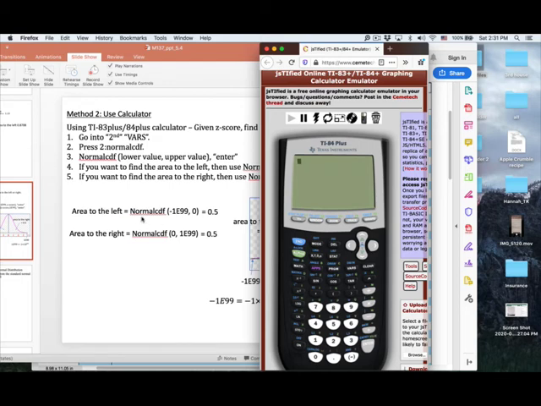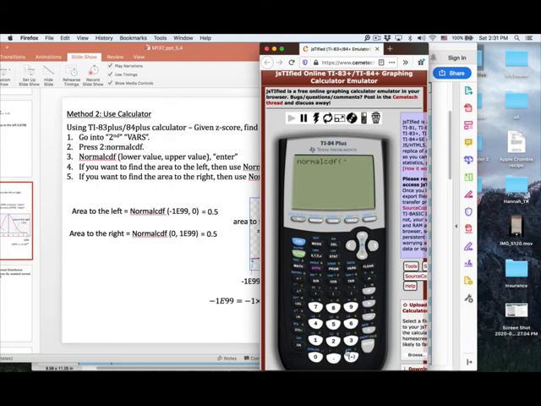Now, we want to do normal CDF. So first, go to the second, this is a second VARS. You're going to see the VARS here next to the clear. For the number 2, you're going to see that's normal CDF. Enter. So the first value, let's try the first one in here: negative 1E99. For the negative, make sure you use the one below the 3.